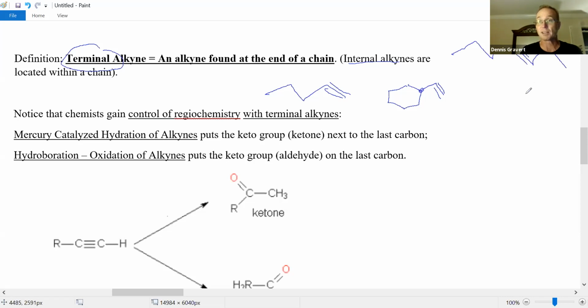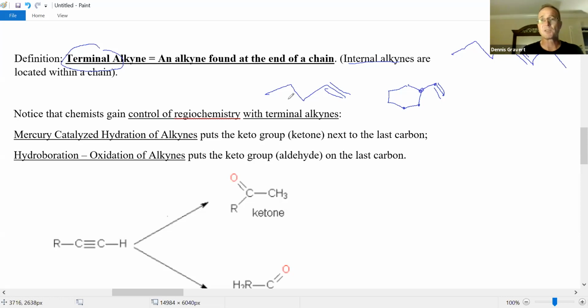So put the triple bond here. If the ring was bigger, maybe I could squeeze a triple bond in there. Remember sp hybridization, 180 degree bond angles. How can you get a 180 degree bond angle here and still close up the ring? You need a large ring. 7, probably 8 carbons or more.